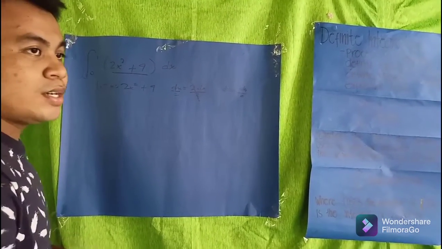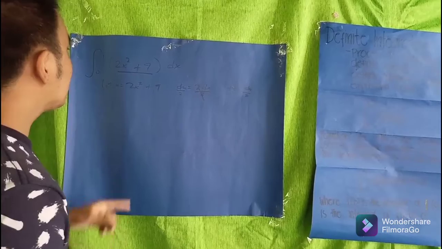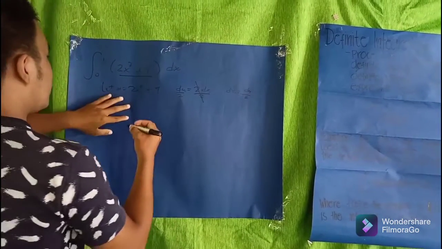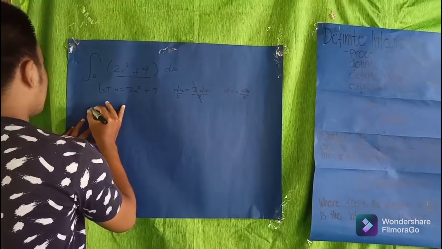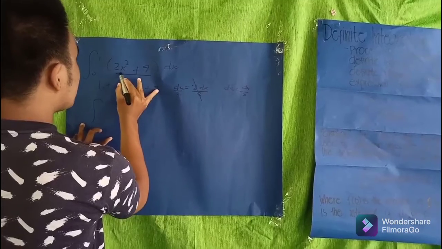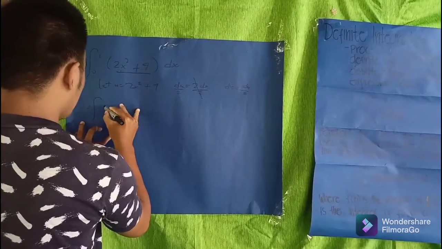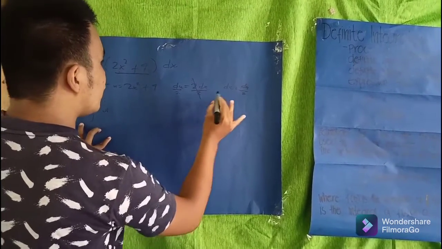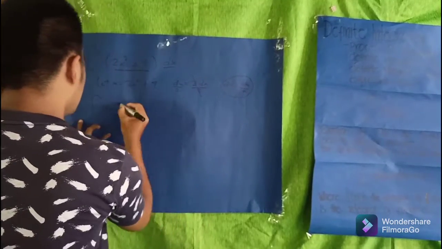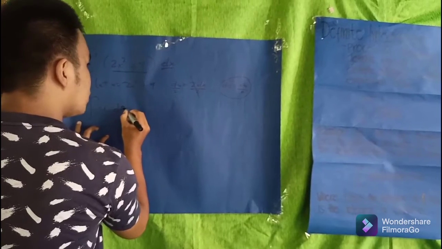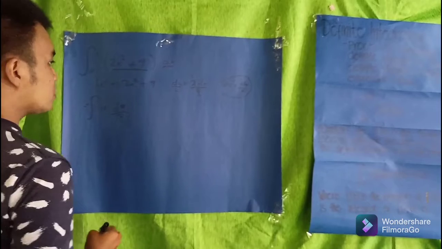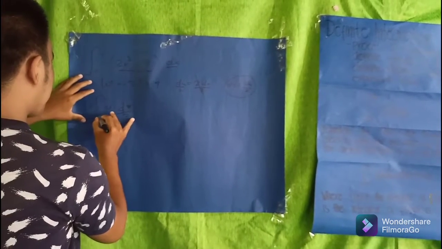So now that we substitute the u into our main problem, we will now solve it. Integral of, now that we substitute 2x squared plus 4 into u, we will copy u, and the value of dx is equal to du over 2. Next, we will integrate it.